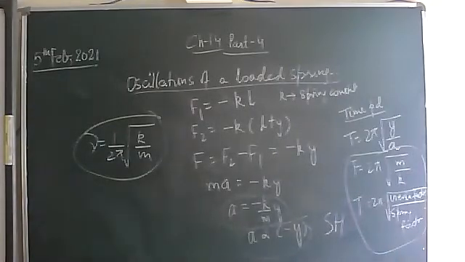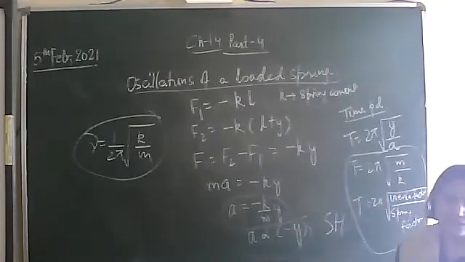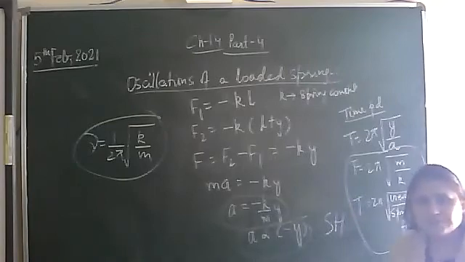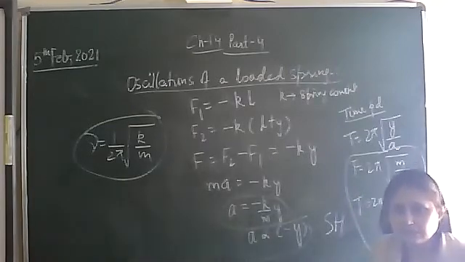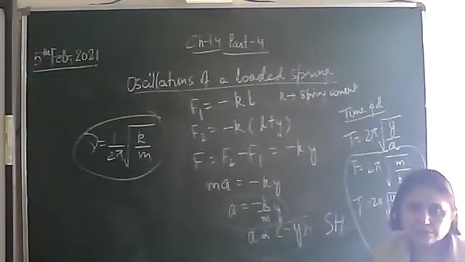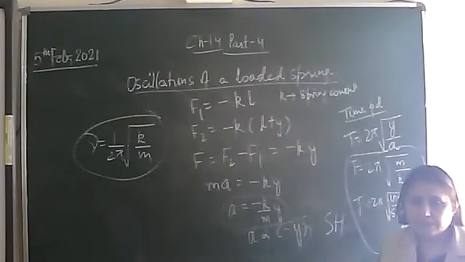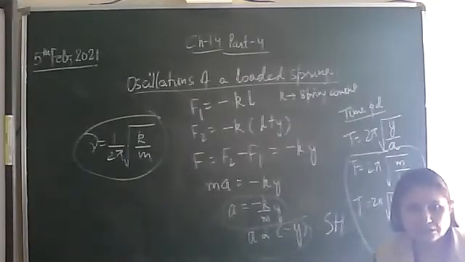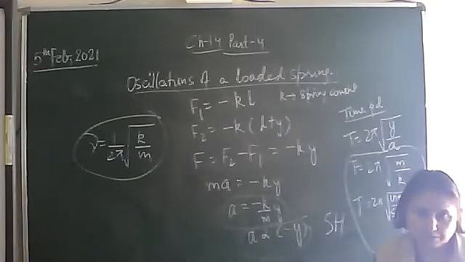So the oscillations of a loaded spring are simple harmonic. For simple harmonic motion, the acceleration should be directly proportional to the negative of displacement. The negative sign means they are in opposite directions. Displacement is measured away from the mean position, whereas acceleration is acting towards the mean position.